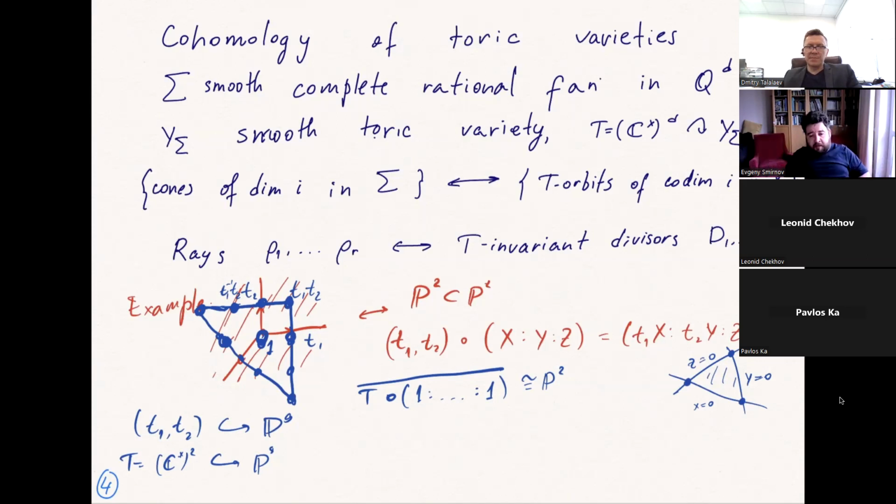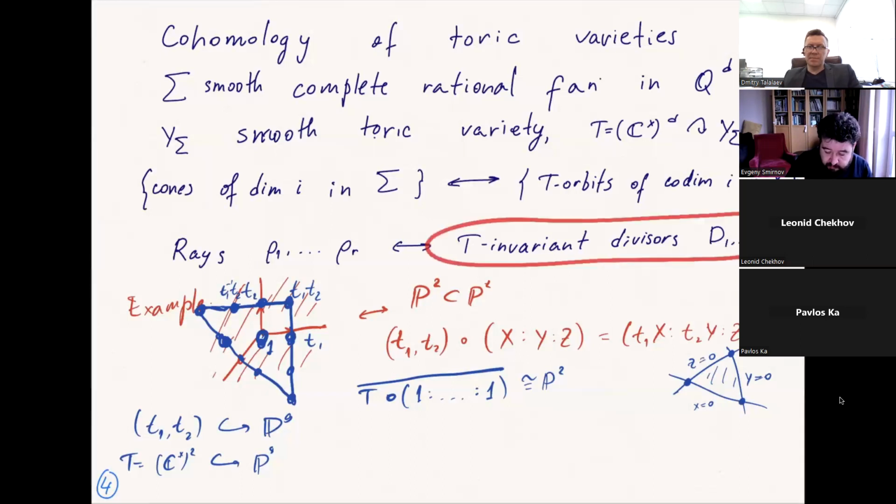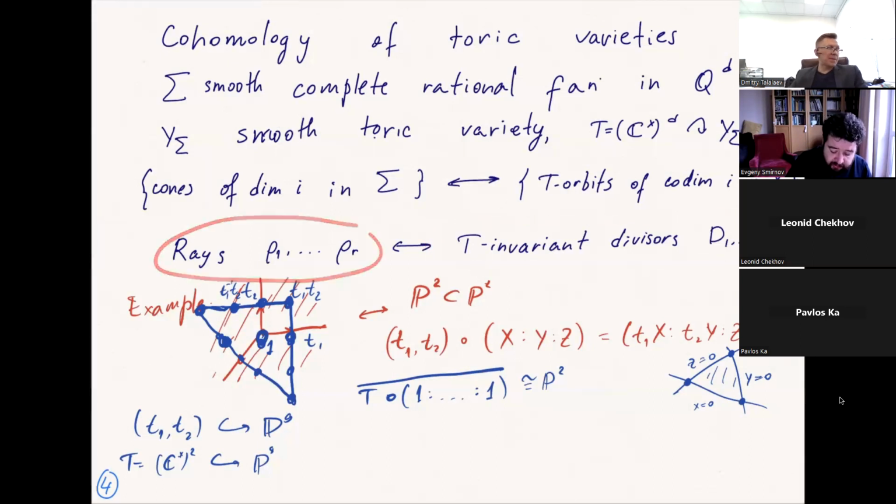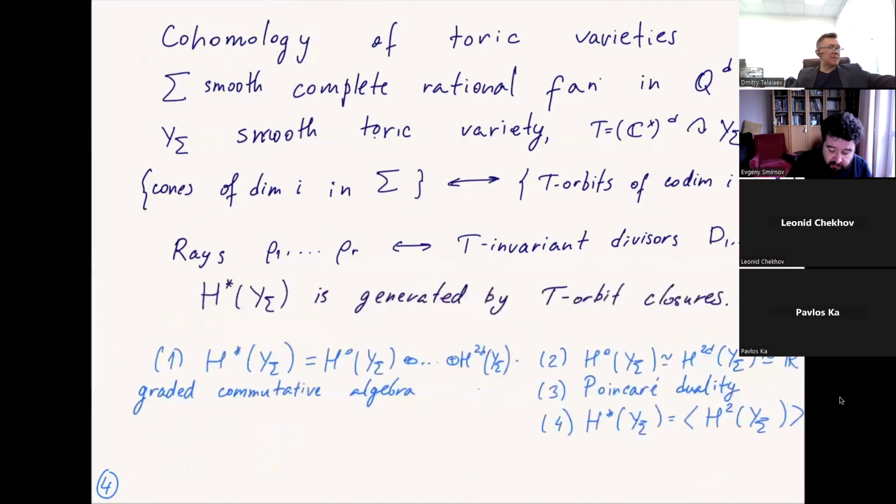I'll get back to that in a couple of minutes. And so this combinatorial picture knows quite a lot about geometry. In particular, as I mentioned, the T-invariant divisors, the T-invariant subvarieties of codimension 1, correspond to the rays of this fan.